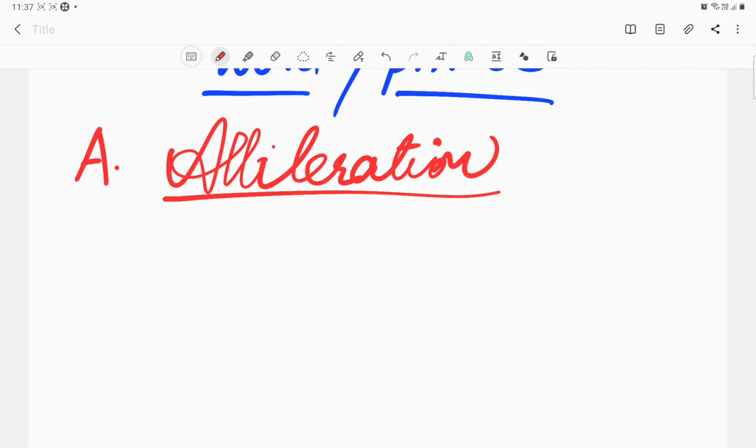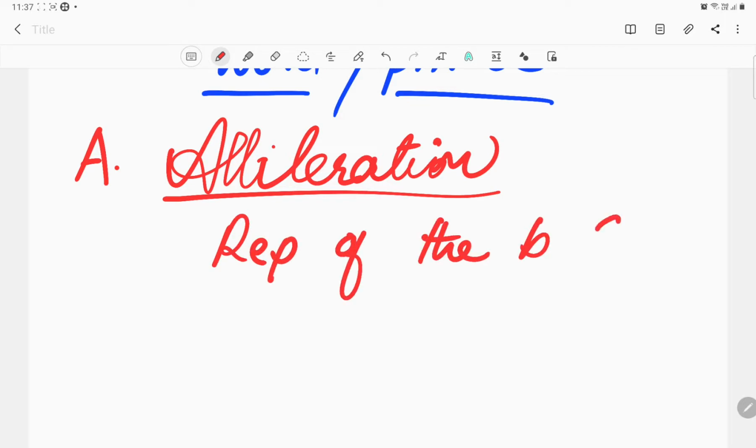When you use alliteration, the sentence, the lines, or the poem will have a rhythm. Alliteration is a repetition of the beginning sound. Okay, the beginning sound.